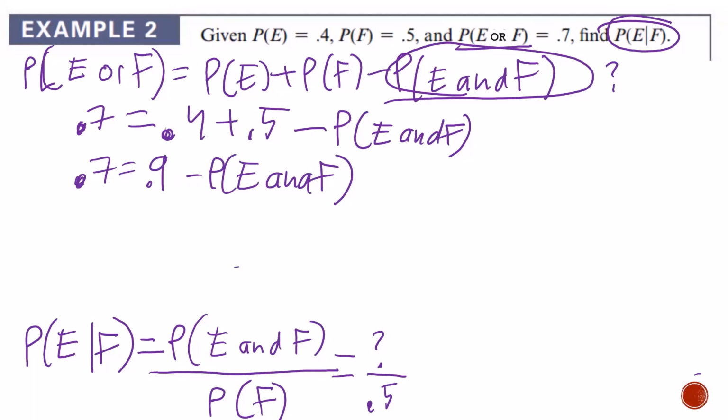I can do this. So I add the 0.4 and the 0.5, I get 0.9. But this side's 0.7. So what must I be taking away here? 0.9 minus something equals 0.7.